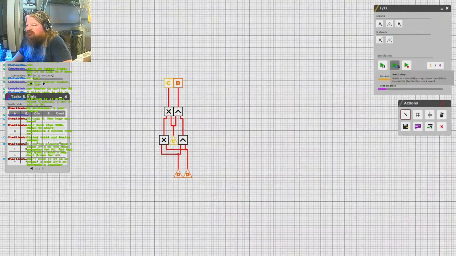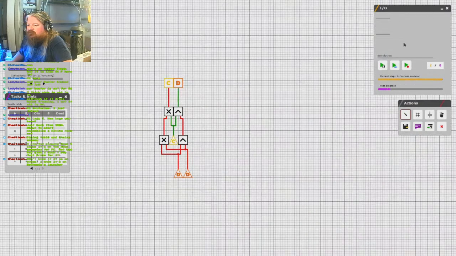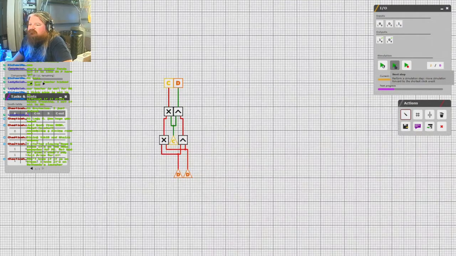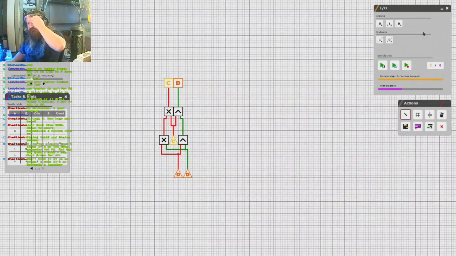No inputs, no outputs. We get the carry in, we get a sum out. We get input B in, we get a sum out.